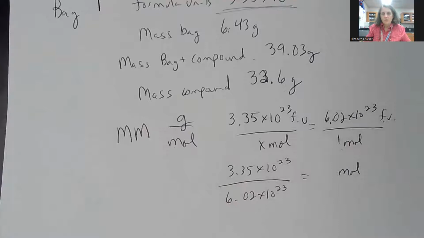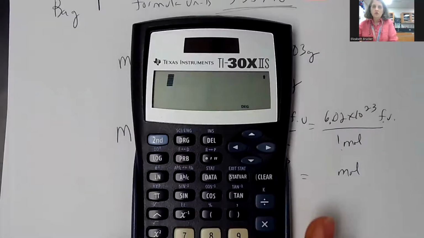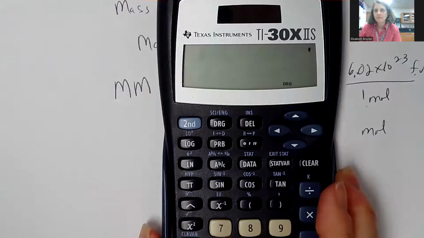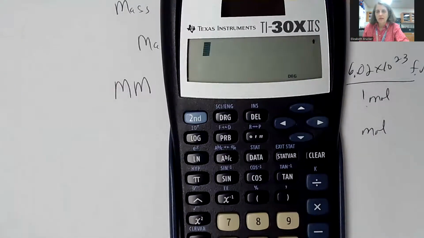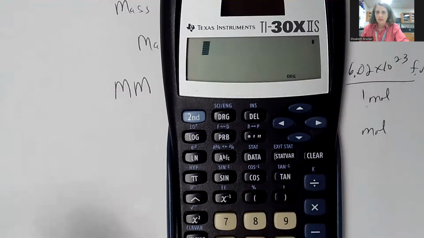I am going to do the calculation in the calculator just so you can see it. Again, you're using the double E button on your calculator to help you do the calculation correctly.